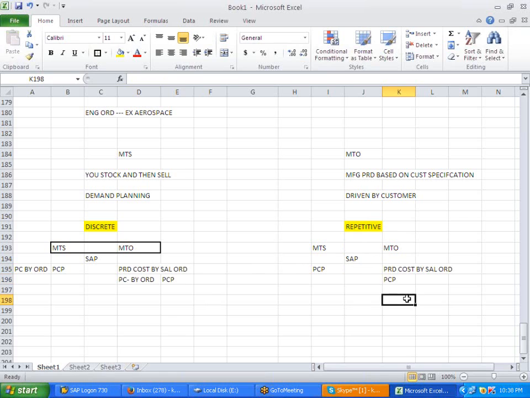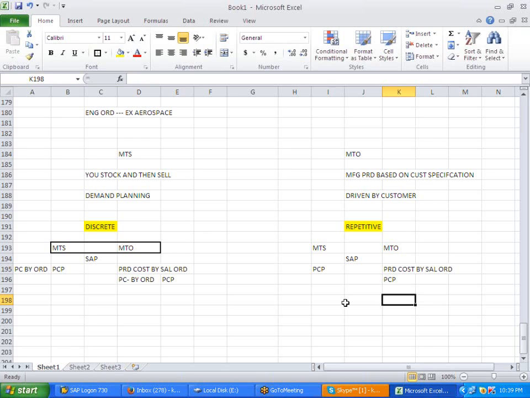The reason: in the repetitive MTO scenario, the product is being manufactured over a period of time.